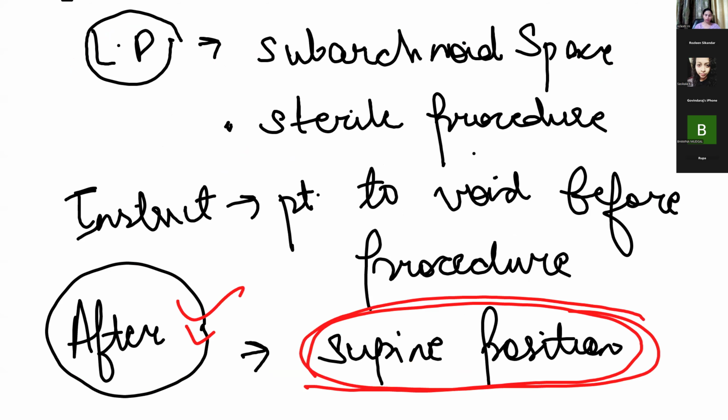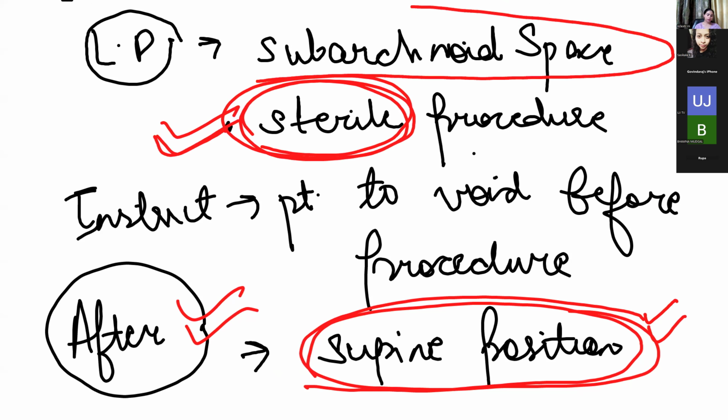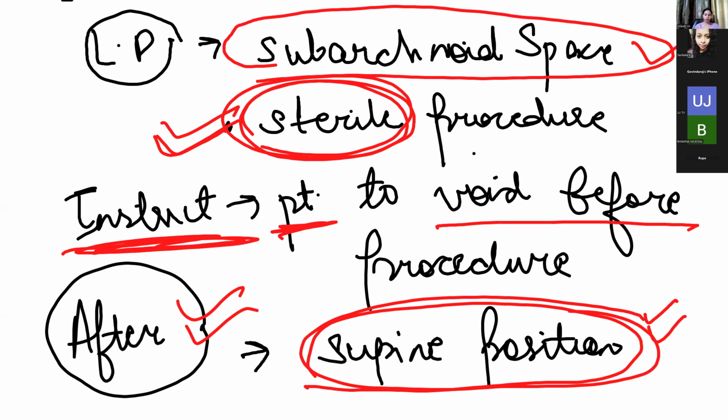Yes, supine. And this procedure is a sterile procedure, and the space is the subarachnoid space. One more thing which you will instruct the patient is to void before the procedure. Very good.